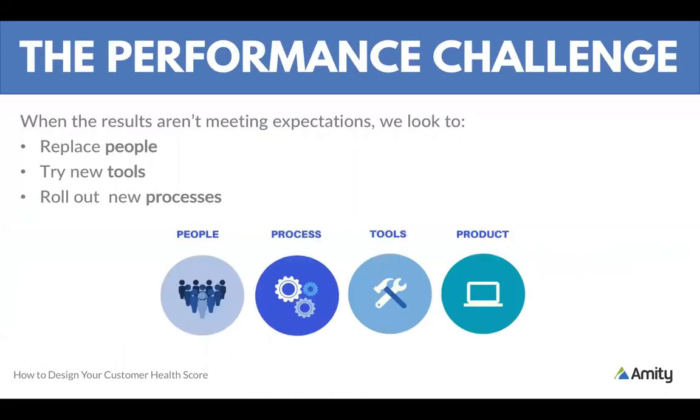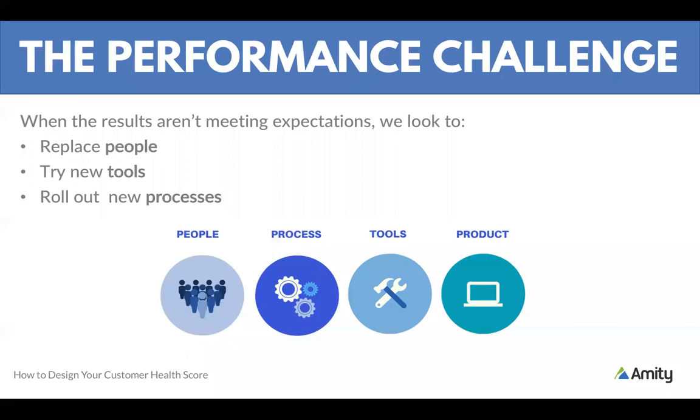So when people want to improve the performance in their SaaS organization, there are a few predictable things that they do. One is, if they're not happy with their results, they change the people. When you've got a high degree of customer success executive churn, that's probably not a good thing.